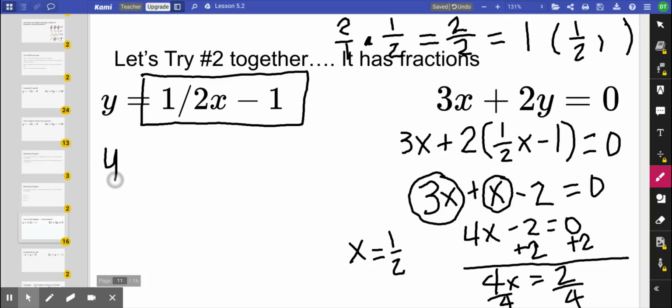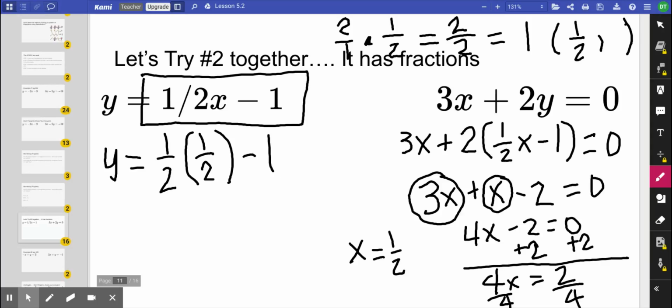So I have y equals 1/2 x, so that's going to be 1/2 times my x, which is also 1/2, minus 1. So again, when I multiply fractions, top times top, bottom times bottom. So 1 times 1 on the top is 1, but 2 times 2 on the bottom is 4. So I get y equals 1/4 minus 1.